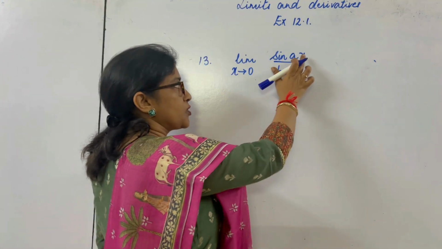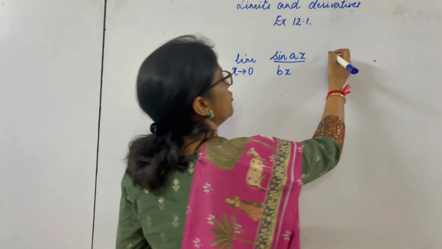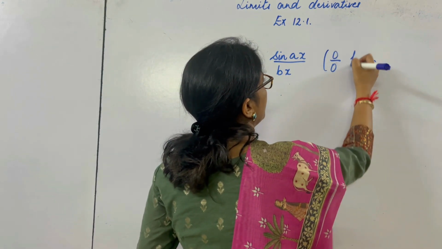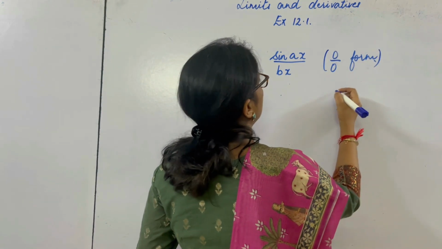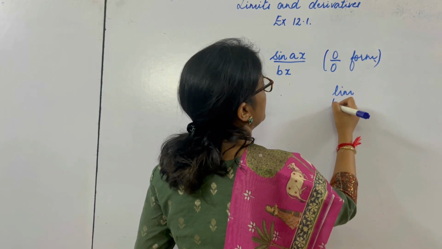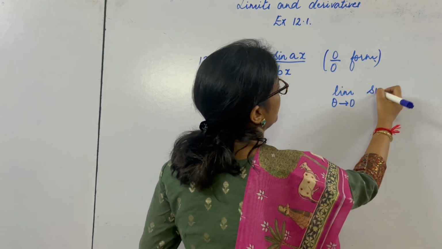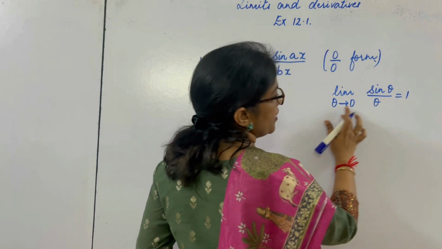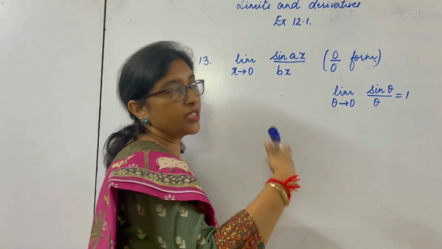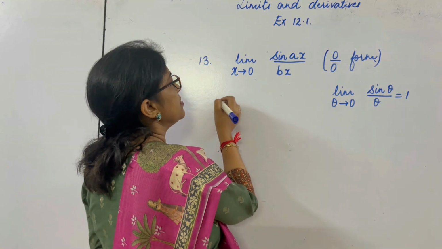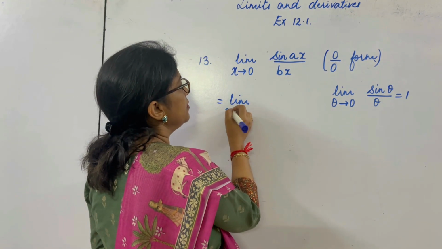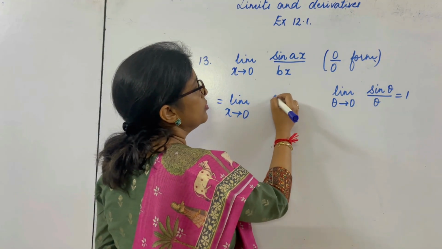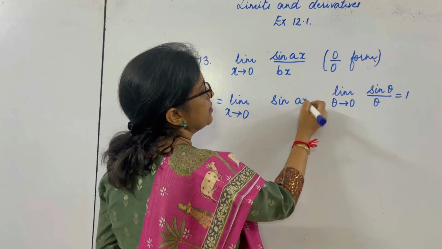In this case, if you substitute 0, it is 0/0 form, but for this one, we have a direct formula, which is limit theta tends to 0 sin theta upon theta is 1. If all these values are the same, then the limiting value is 1. So, if the angle is Ax, I need the denominator also to be Ax.